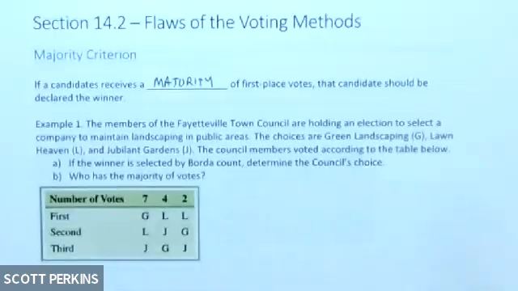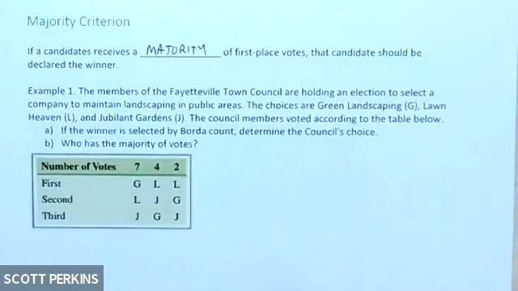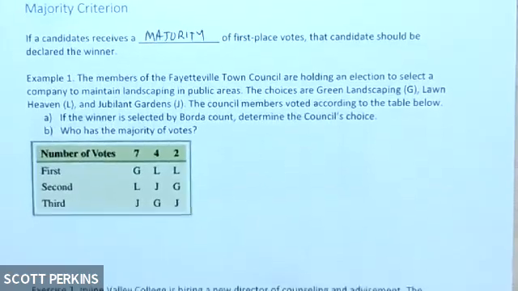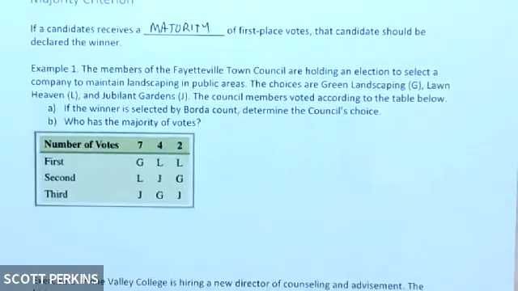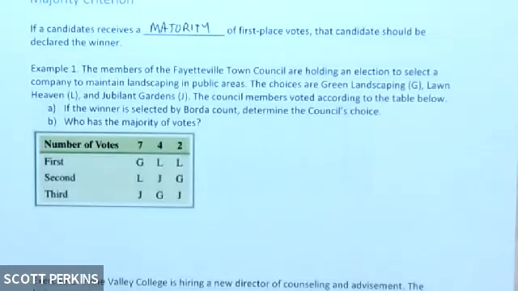In this example, the members of this town council are holding an election to select a company to maintain landscaping in the public areas. The choices are green landscaping, the letter G, lawn heaven, letter L, and jubilant gardens, everything sounds so happy, letter J. They voted according to the table below, so we can see our preference table, which we talked about last time.